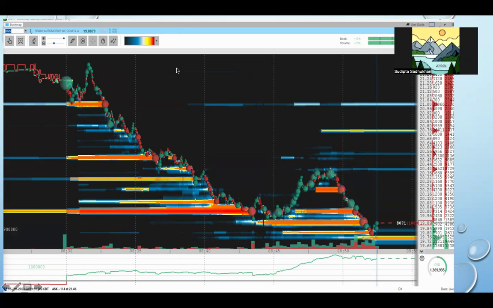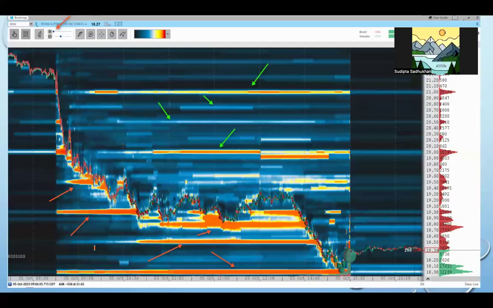So whatever stock we select, we'll try to find out whether we have a large bid on the downside or a large ask on the upside, not both. If there is both a large bid and ask, there is a high probability it will chop around. Straight away avoid that stock. Either we go with large bid or large ask, not both.